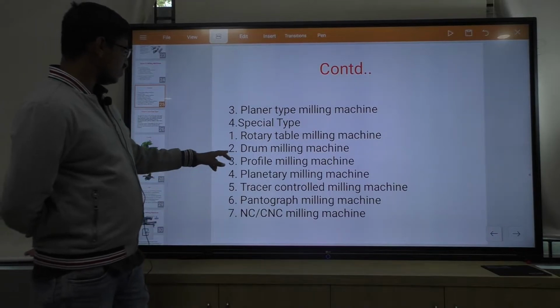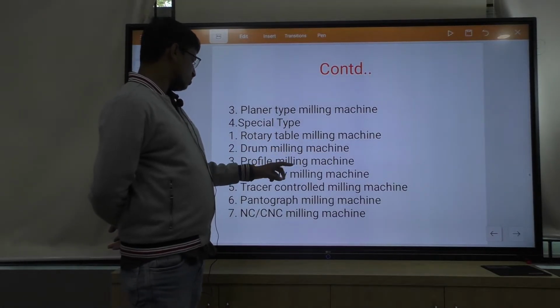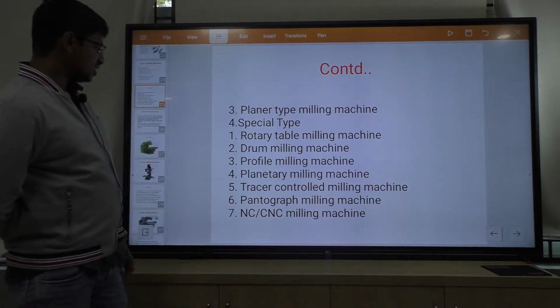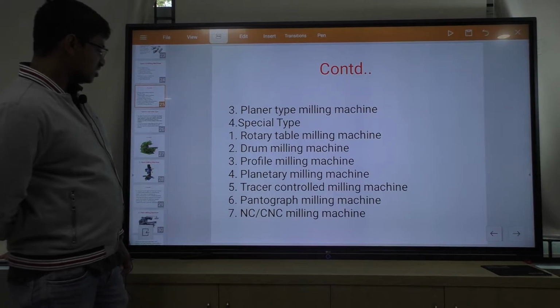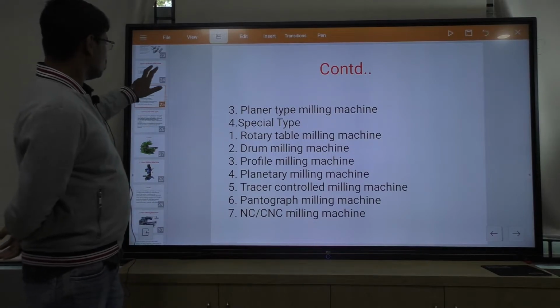For special types: rotary table milling machine, drum milling machine, profile milling machine, planetary milling machine, tracer control milling machine, pantograph milling machine, CNC milling machines. Then we will discuss one by one.